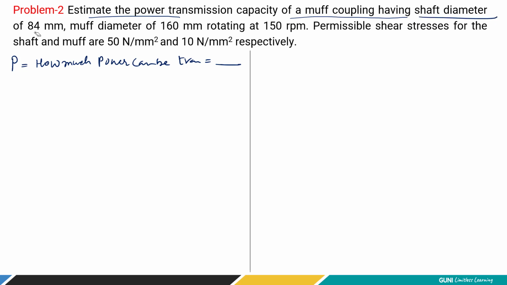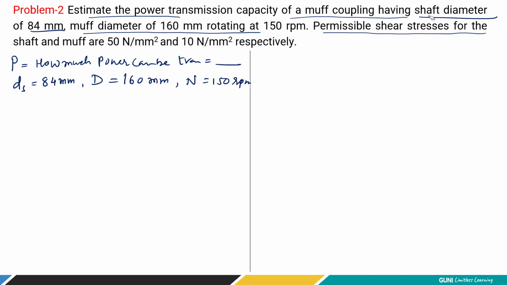Shaft diameter is 84 millimeter and the outside sleeve diameter D is 160 millimeter. RPM is also given, 150. The permissible shear stresses for shaft and muff are 50 and 10. So for the shaft it is 50 and for the sleeve it is 10.